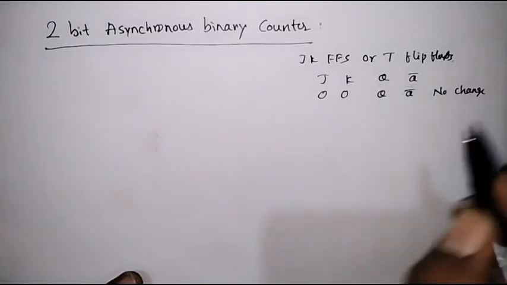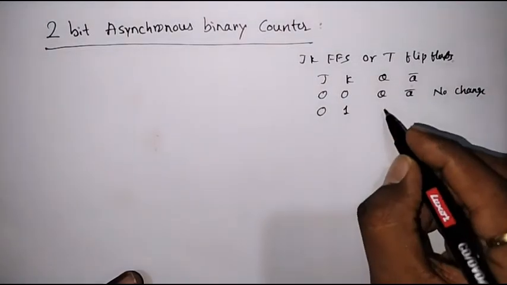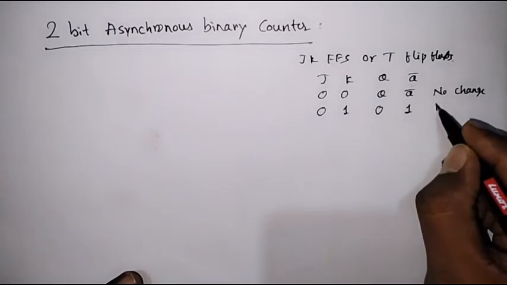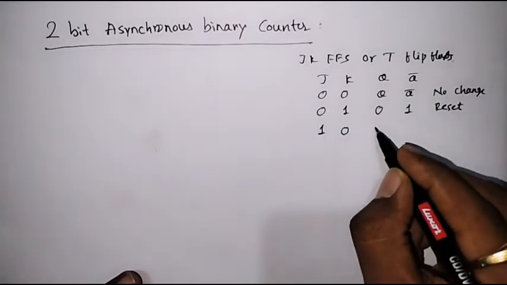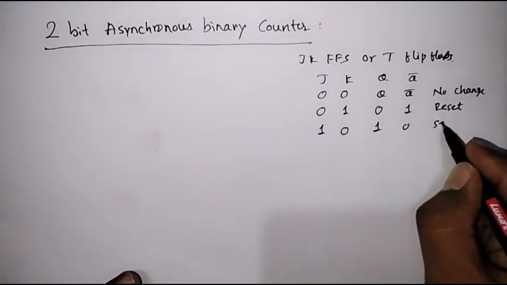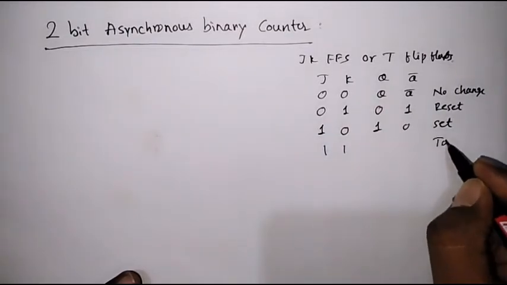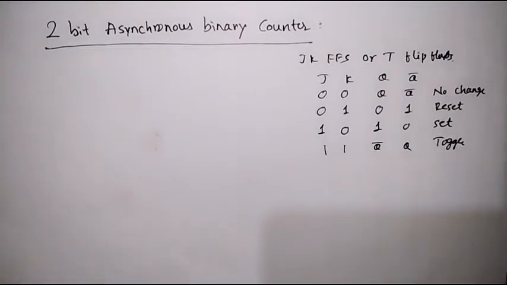If J is 0 and K is 1, flip-flop is in reset state. When J is 1 and K is 0, flip-flop is in set state. When both are 1, 1, it will toggle. Similarly the T flip-flop: as long as T is equal to 0, it acts as no change, and when T becomes 1, it will toggle.